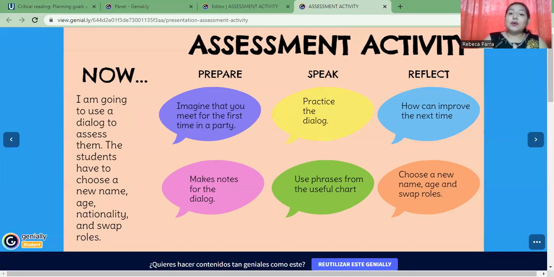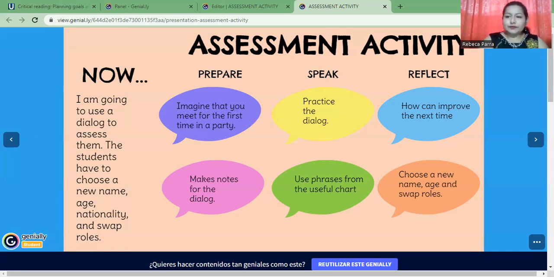Also, it's easy to administrate because they don't need economic resources to do it. Similarly, to score the participation of each student, I use a rubric to assign a grade. This rubric contains aspects such as grammar, pronunciation, content, and creativity, demonstrating the application of the reliability principle.